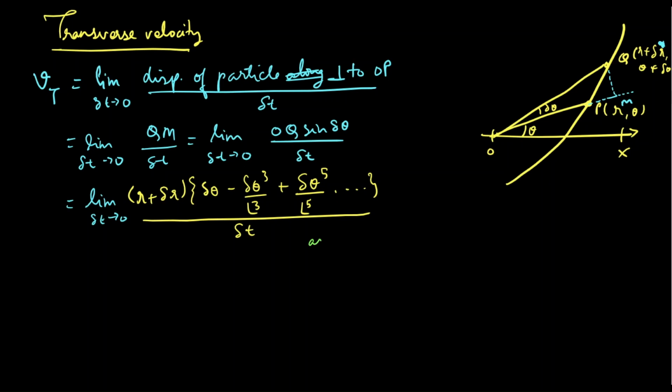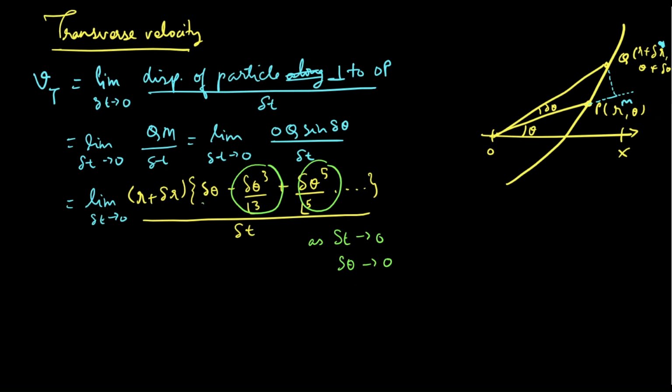Now, as del t tends to 0, del theta tends to 0 as well. So all these expressions with greater powers of del theta will become 0. Now they don't actually turn out to be 0, but they become seemingly negligible.